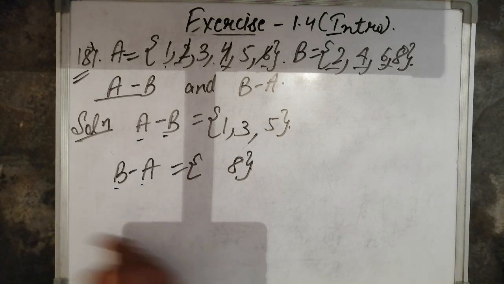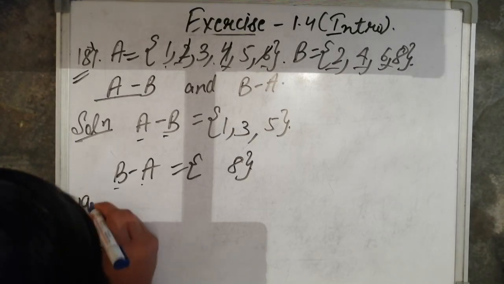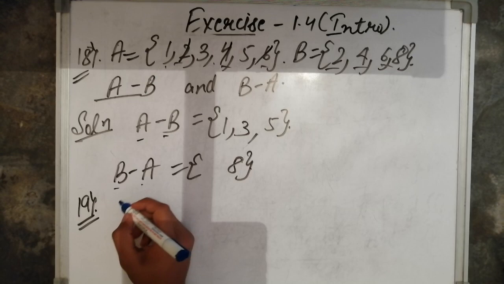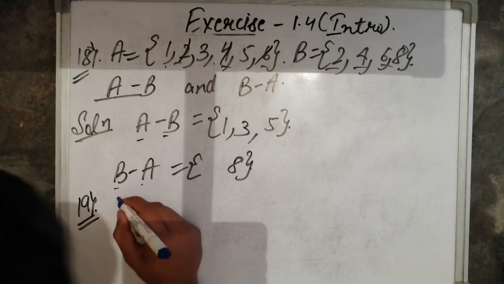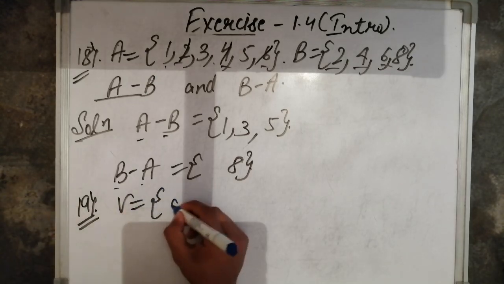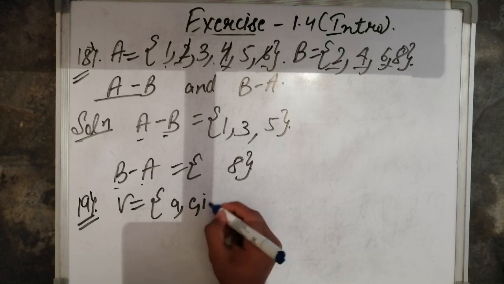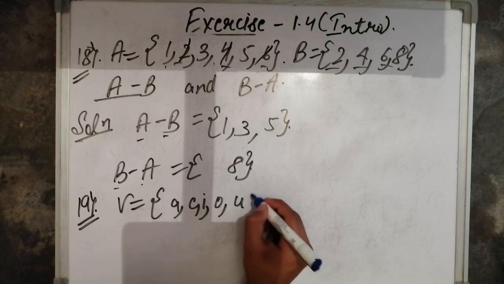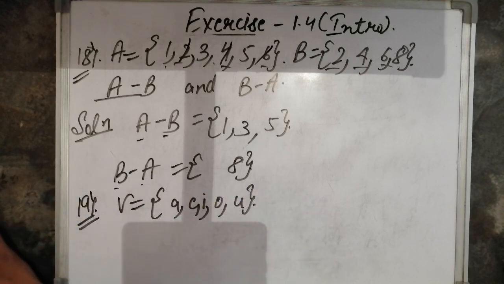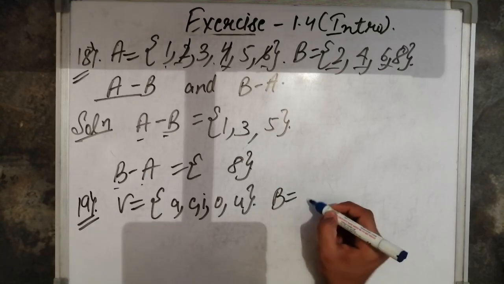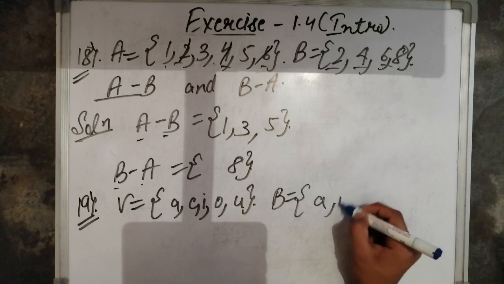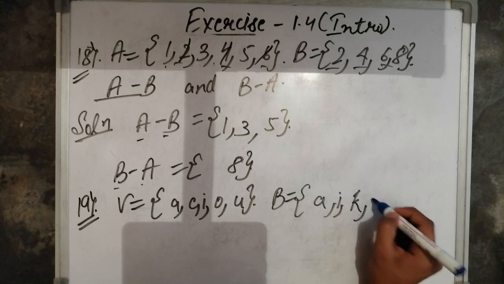Okay, now let's take the last example, which is the 19th example. It states that let V is equal to {A, E, I, O, U} and B is equal to {A, I, K, U}.